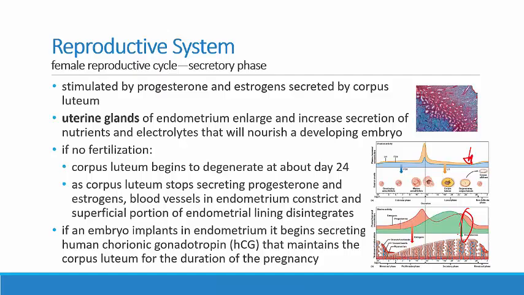Eventually, by about day 28 or so, the endometrium has become so fragile that pieces of it begin to break off, and as it breaks off, that opens up blood vessels, and so there's bleeding and loss of tissue through the cervix down into the vagina, and then from the vagina.